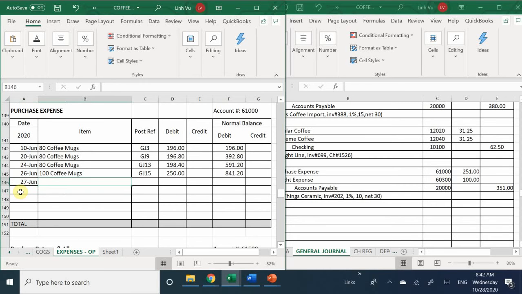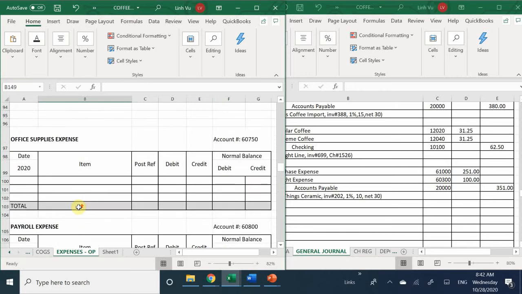Coffee mugs. 100 coffee mugs. GJ 17. 251. Good. Bringing the total to 1,092.20. Good. Freight expenses.